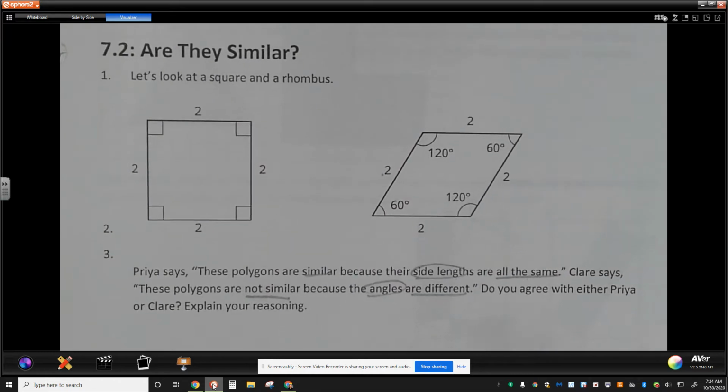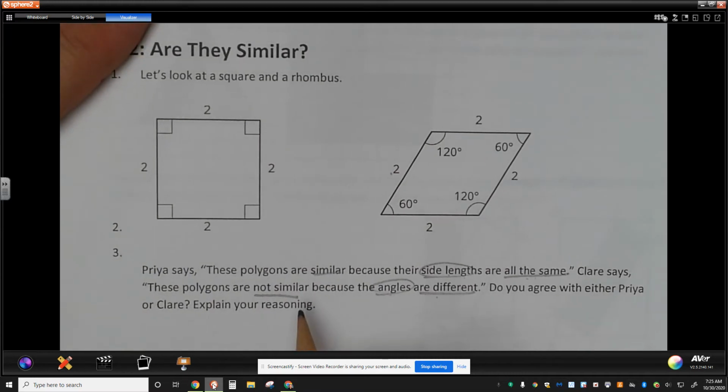Right, welcome back. Here's the key things that we want to look at. Under similarity, remember that side lengths have to be proportional, if not equal, but angles must be equal, because every single similarity, every single congruence relates back to rigid transformation. And so under rigid transformation, angle measures must be kept the same.